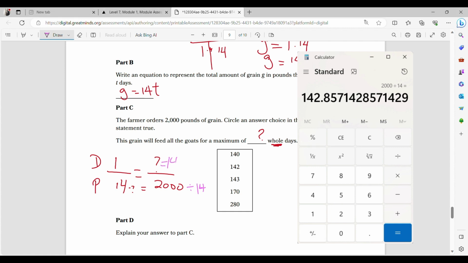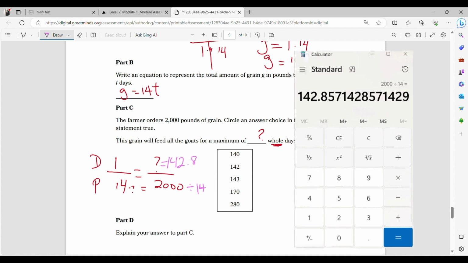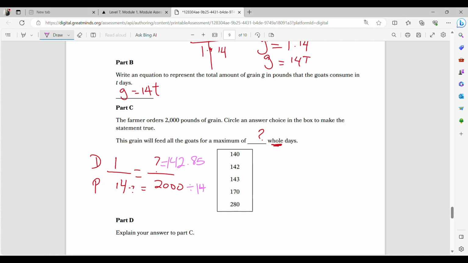So this here equals 142.85 and some more numbers. So this means if they eat 14 pounds over 1 day, then over 142 days they eat 2,000 pounds. Or another way of saying it is they'll eat 2,000 pounds over 142 days. Now here's the whole days part. This is left over. There's still more feed, but it wouldn't feed all the goats for the whole day.